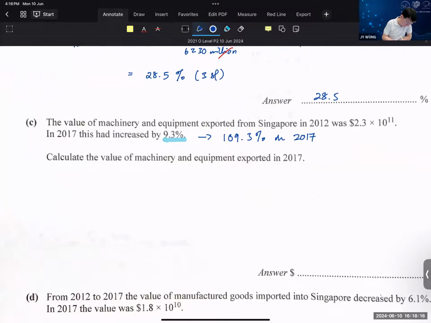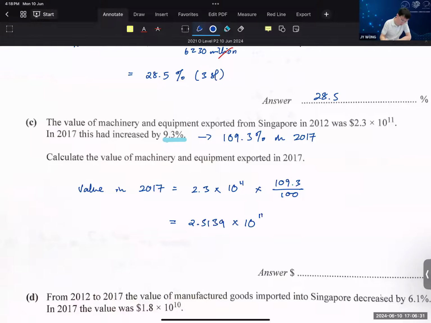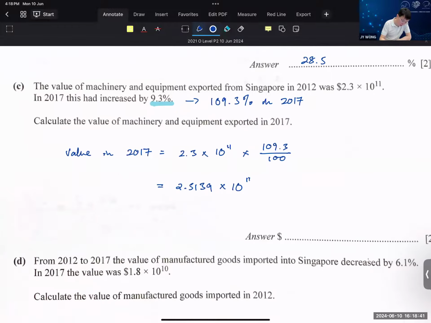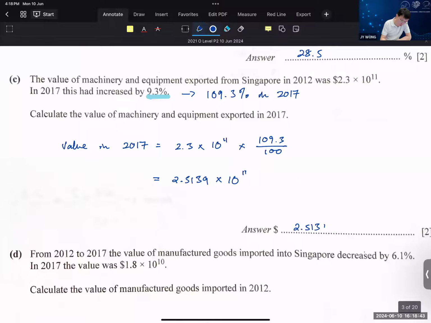Okay. So value in 2017 is just equal to 2.3 times 10 to the power 11 times 109.3%. So 109.3 out of 100. And that will give you 2.5139 times 10 to the power 11. Because this is an exact value, you should leave it as this value.